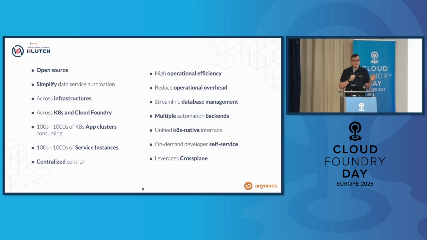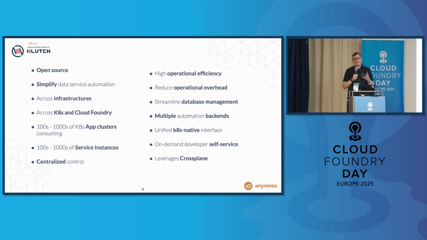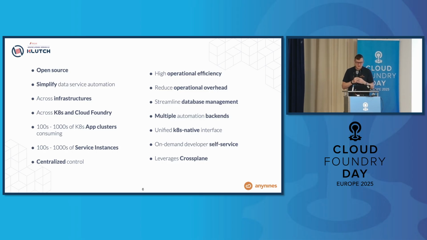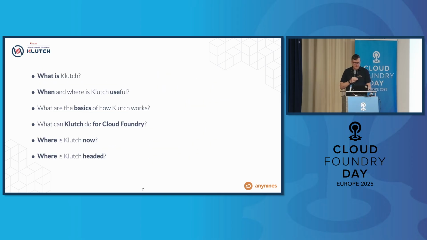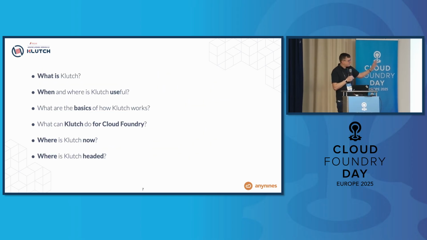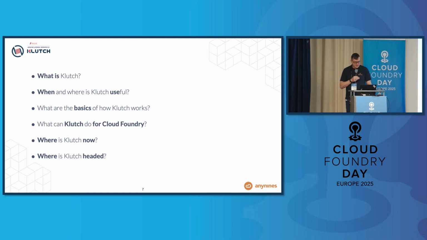And last but not least, if you're looking at thousands or tens of thousands of data service instances you want to manage, you want application developers to do that for you. But giving somebody an operator might not always be the best idea. So I will cover some basic questions about Klutch.